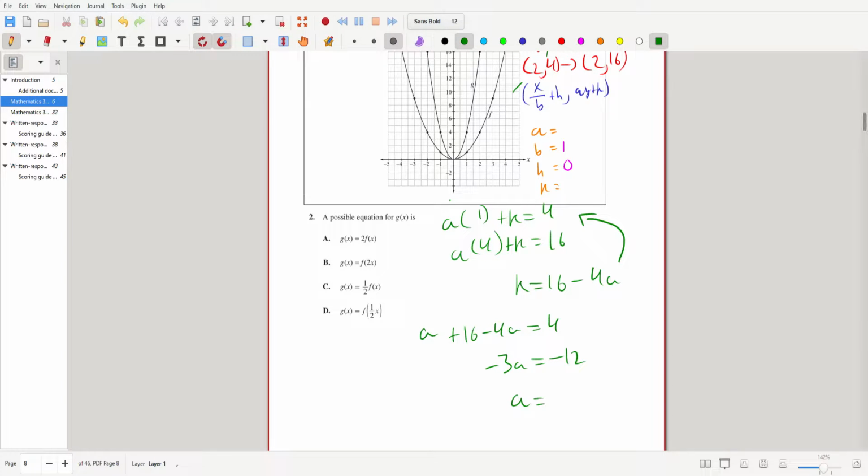A then is equal to 4. Now we're going to put this into here. So 4 plus k equals 4, and k is 0.